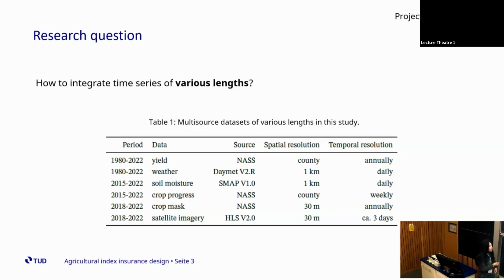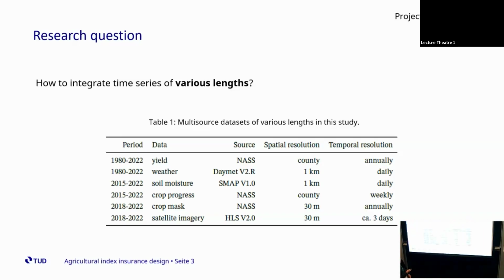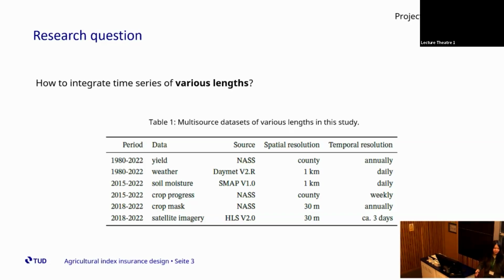The second group, 8 years, includes soil moisture and crop progress, that's phenology information. The last group, the crop mask and satellite imagery, are remote sensing data. They are the shortest, only 5 years. So in this project, we answer this research question: how to integrate time series of different lengths in one model.